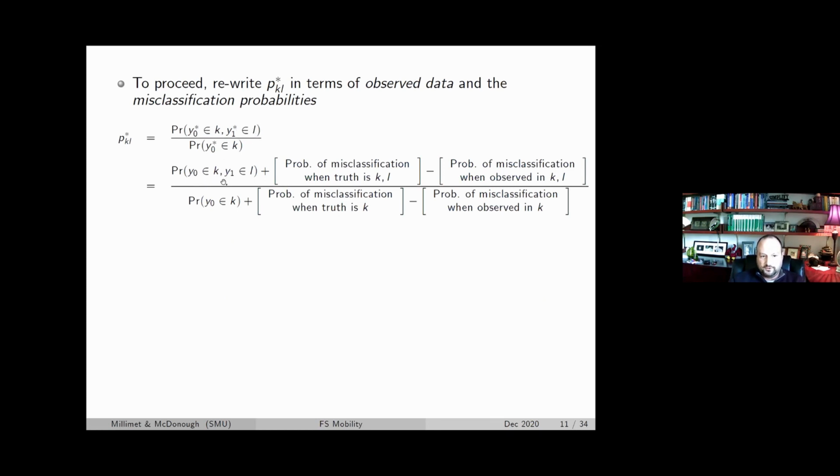And that's equal to the observed probability of seeing a parent-child combination in cell KL, plus we have to add in all the false negatives, all those who really are in KL but are misclassified into some other cell of the transition matrix. So this is adding false negatives, and then we have to similarly subtract false positives, anybody who's observed in KL but who really is somewhere else. And then same thing with the denominator, false positives minus false negatives.